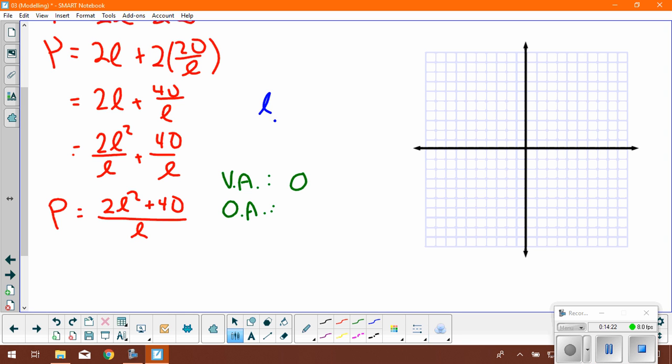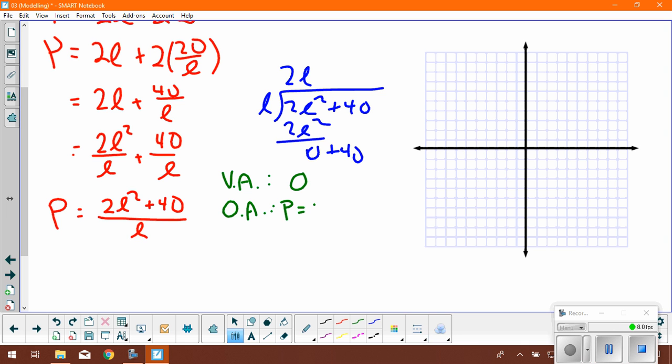I've got L divided into 2L squared plus 40. I multiply by 2L squared. There's no second term, and I just get plus 40, and I'm done. So my oblique asymptote would be y equals 2x or p equals 2L.